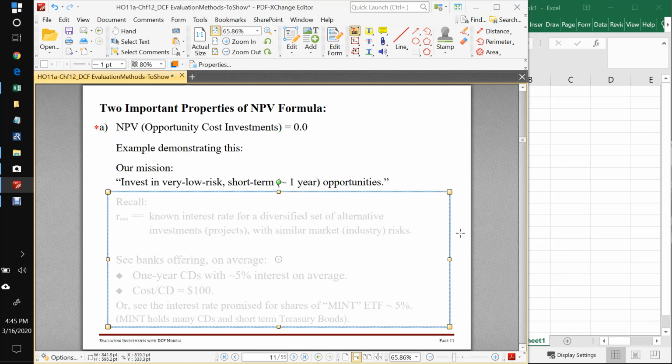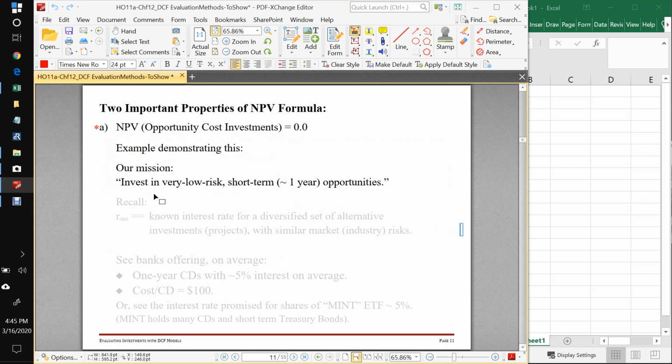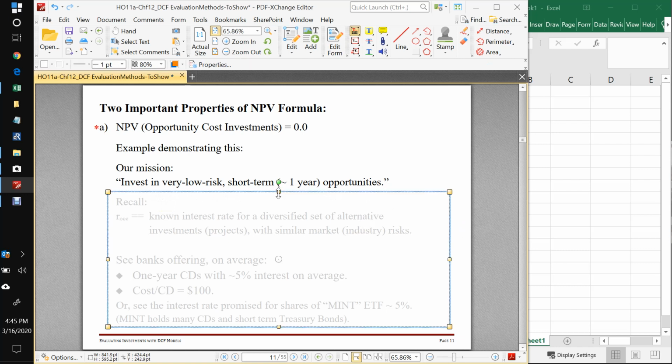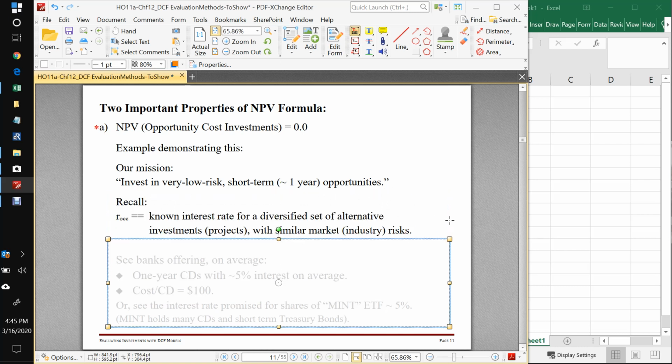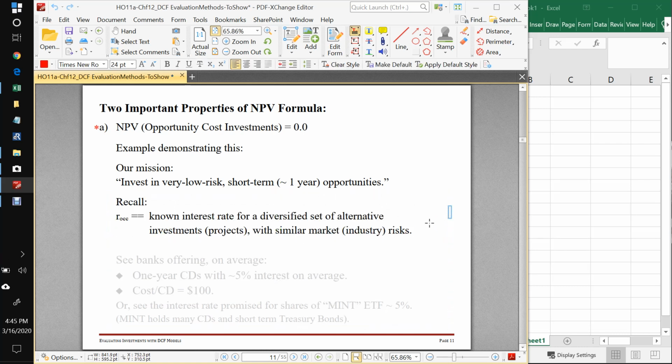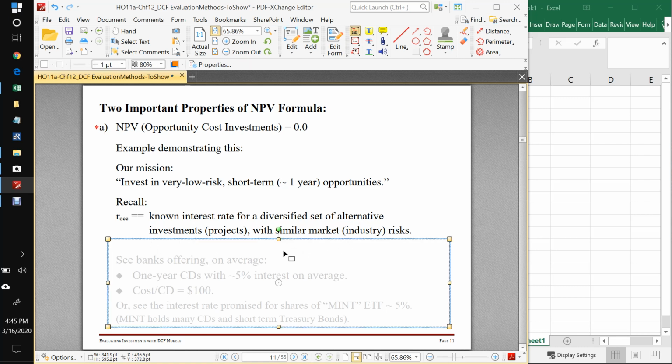So let's say our investing mission in life is that we invest in very low risk short-term opportunities, say about 1 year. Okay. And then we know the opportunity cost of capital using our opportunity cost of capital model is going to be the known interest rate for a diversified set of alternative projects with similar risks. So what would we find in this case?